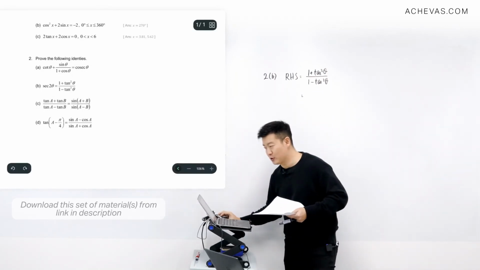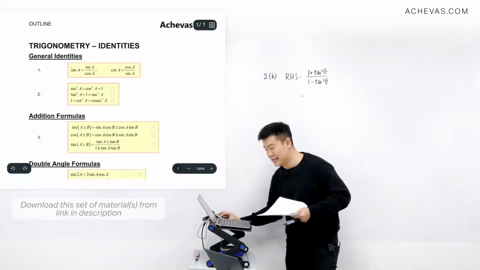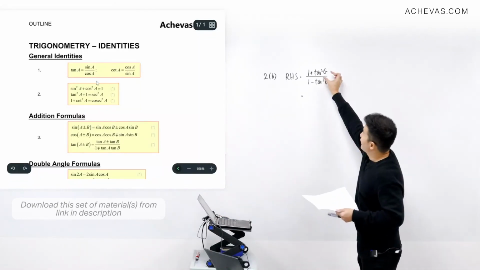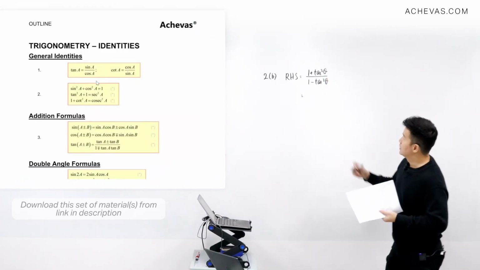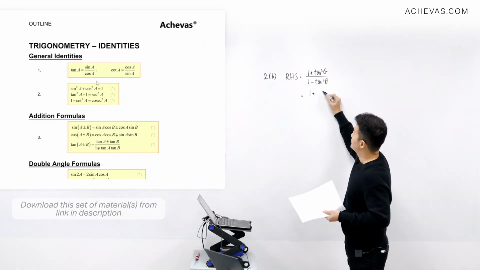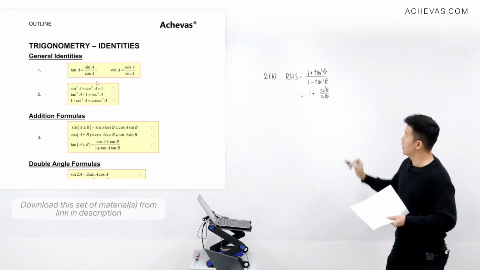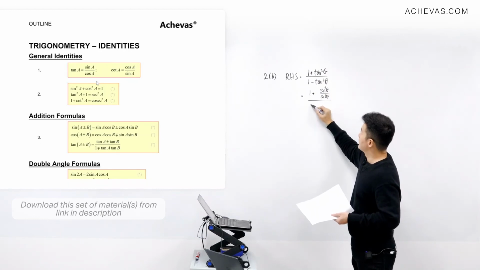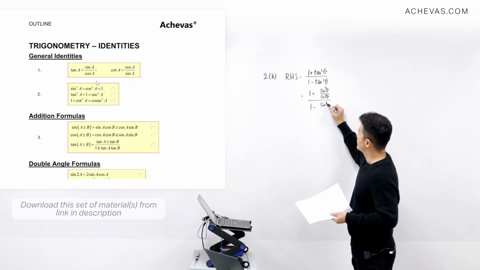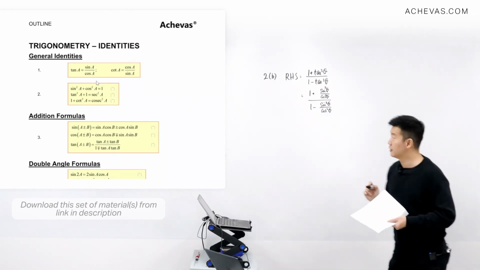So I'm going to make use of this first identity here to replace tangent square theta. Tangent theta is sine theta divided by cosine theta, so the square of this is sine square divided by cosine square. It's the same thing for the denominator: 1 minus sine square theta divided by cosine square theta.